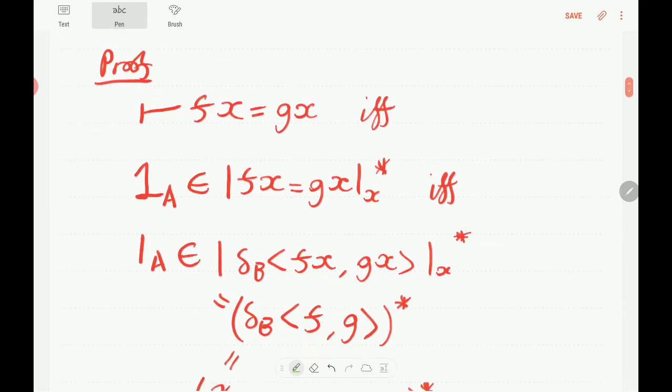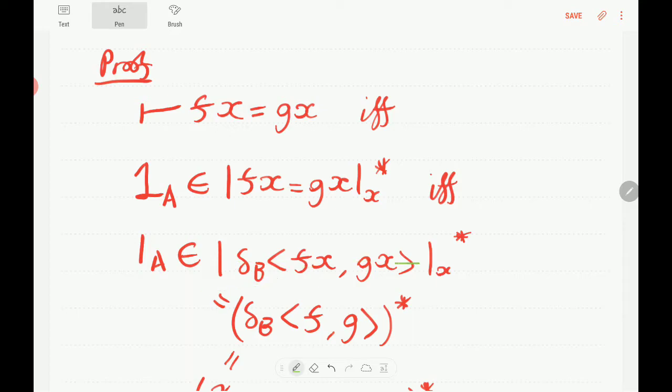Then, working out this interpretation, this happens if and only if 1_B is in the subobject classified by the interpretation of delta_B after fx comma gx interpreted over x. So that's just expanding out this term here.